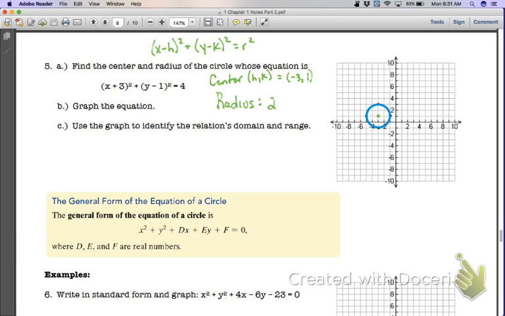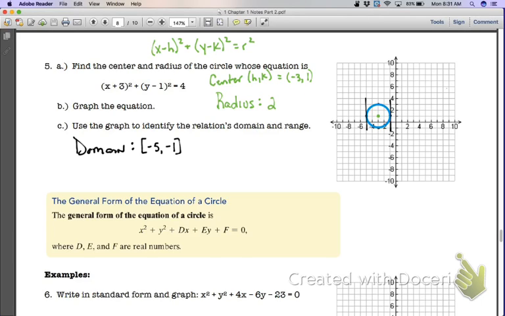Next, use the graph to identify the relation's domain and range. So basically, what does the domain go from? What's my interval of x values? Basically from here to here, what are my x values? From -5 to -1. Now, everything's included, so we want to make sure we put the bracket around it.